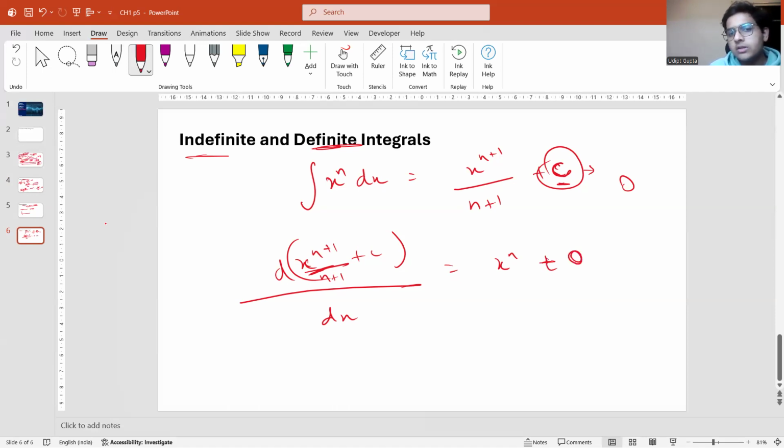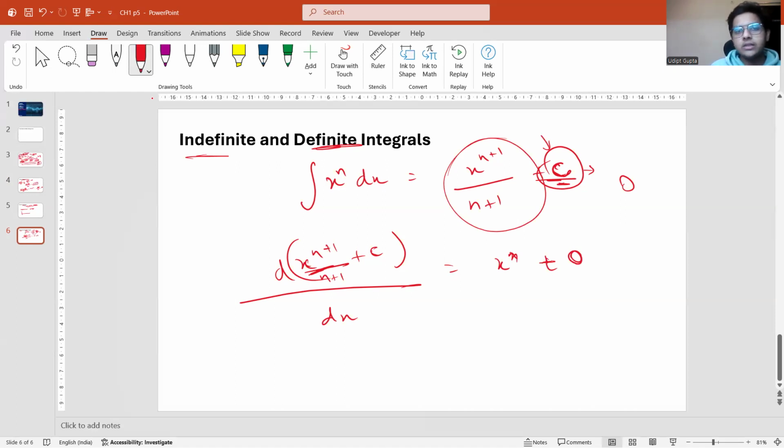So I don't know what this constant was. When integrating again, I get this value x^n, I integrate it and also add plus c, the constant, because I never knew its value, since it was differentiated and became 0.